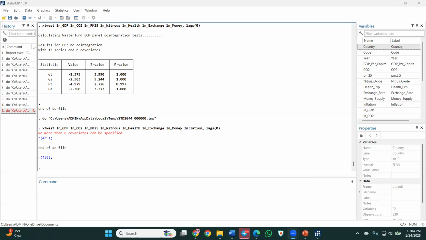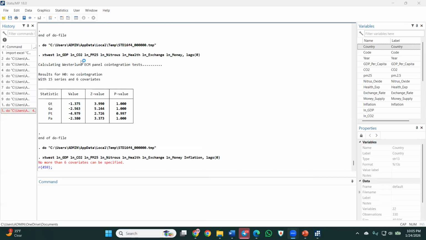It gives a combined result, like what you see here. It has given us a result, whether there's cointegration or not. So it's not like you have to go and run it again and add inflation. Our main focus is between the three, the CO2. So if your main variables are inside what you tested, it's okay.